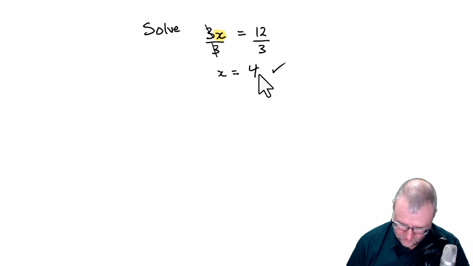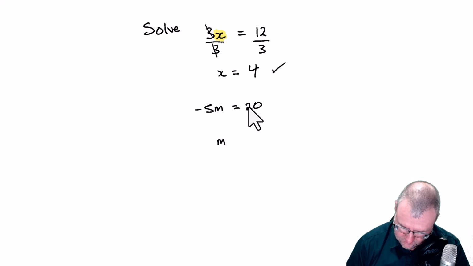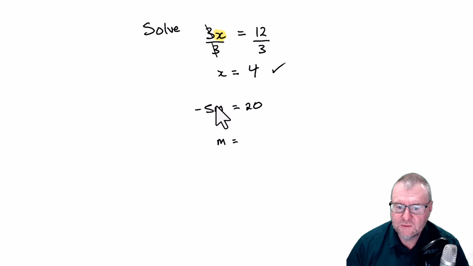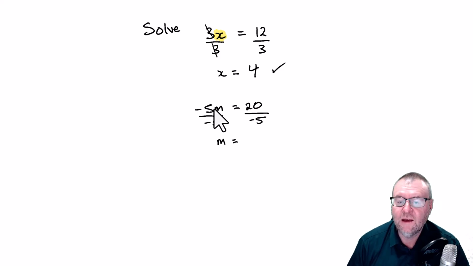Let's look at one more of those. Solve, let's go with minus 5m equals 20. All right, I want to get the m on its own. I've got a times by negative 5 here, so the opposite is divide by negative 5. But what I do on one side, I have to do to the other.